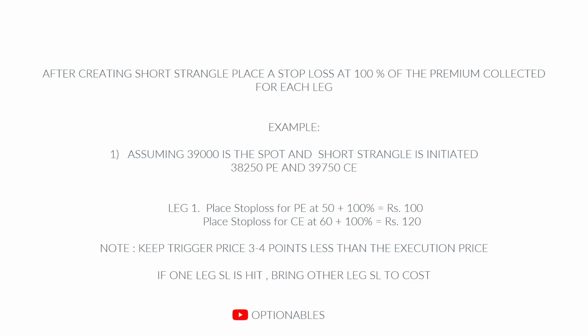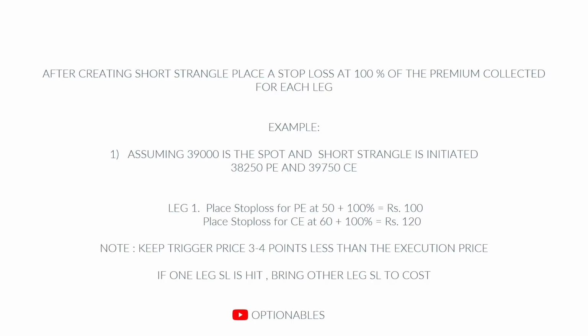So what am I doing after creating a short strangle at 2 p.m.? I'll be placing immediately a stop loss of 100% of the premium collected for each leg. Let us say 39,000 is the spot price of Bitcoin and a short strangle is initiated. So 38,250 put and 39,750 call are the options which you will be selling, and you will be hedging by buying the 38,000 put option and the 40,000 call option, as I told you in the beginning.